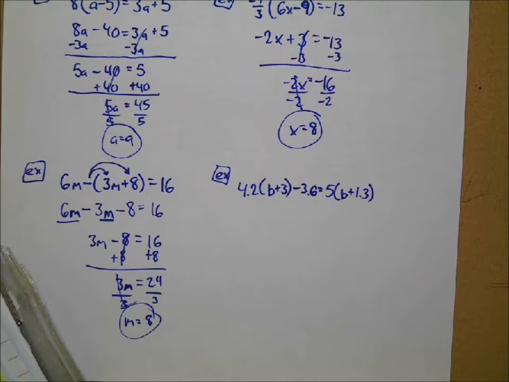So 6.5 minus 9 is negative 2.5. Then negative 2.5 divided by 0.8.